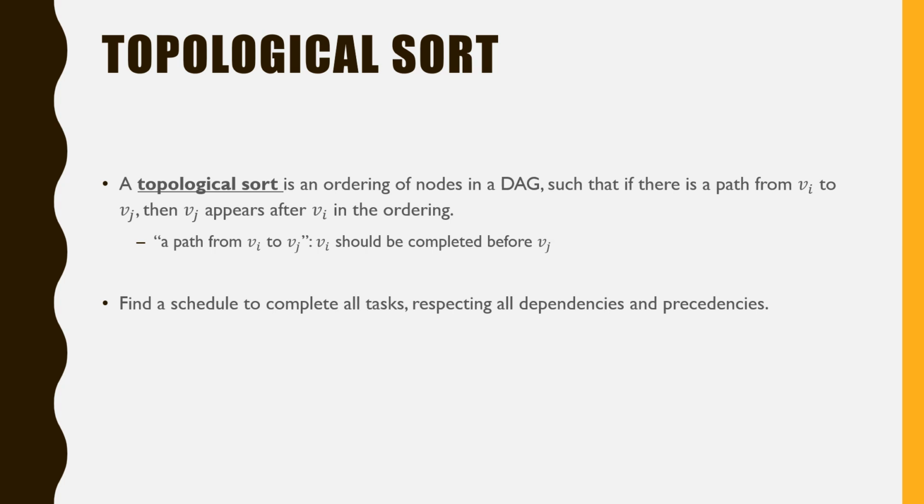Given a DAG, we need to develop a schedule that allows us to complete all tasks while respecting the precedence dependencies indicated by the edges. For example, when planning a course schedule, we must ensure that all prerequisite requirements are met before taking dependent courses.